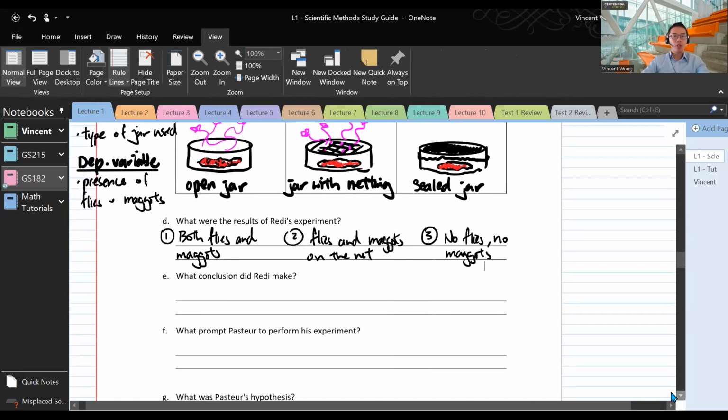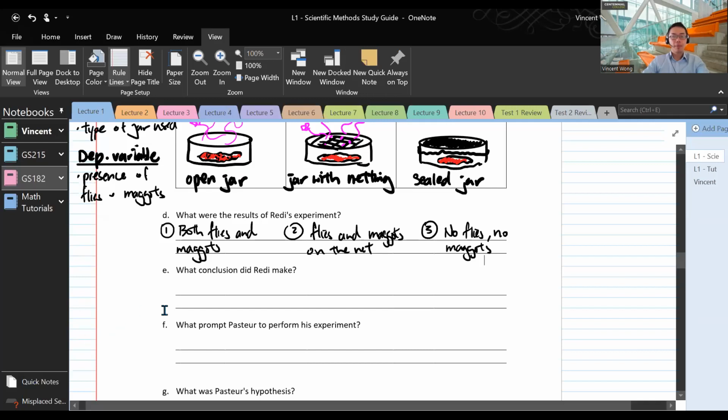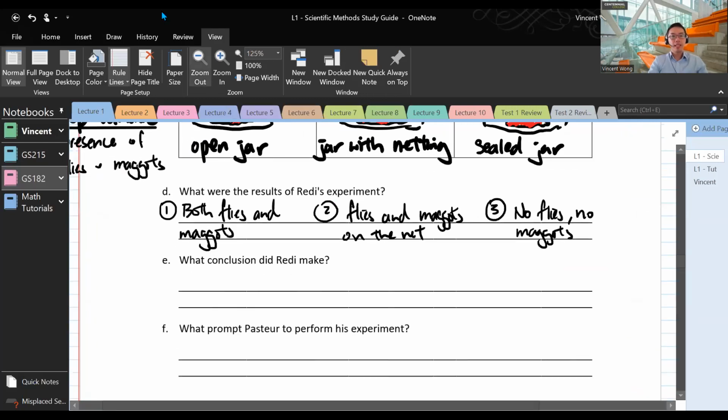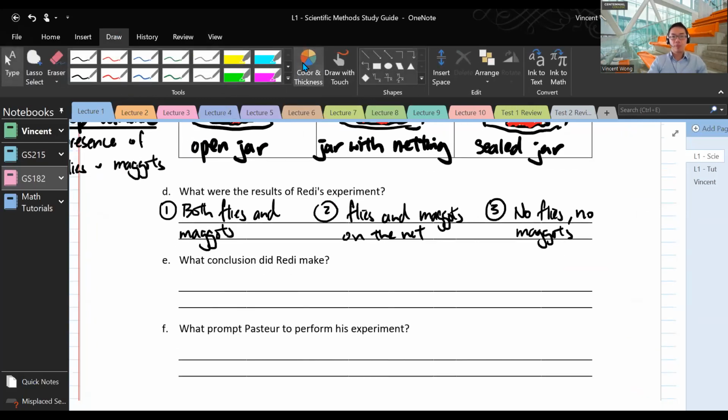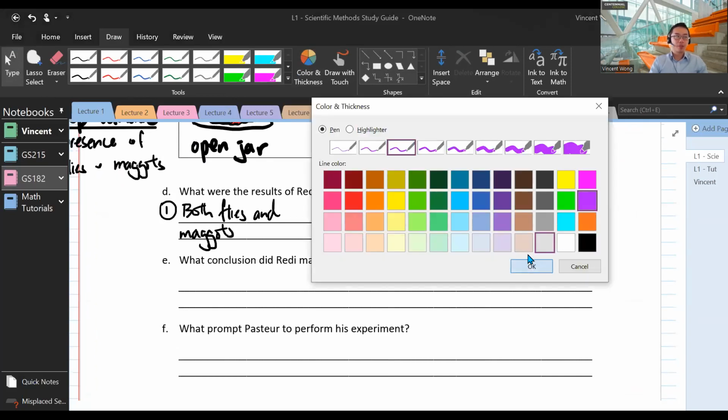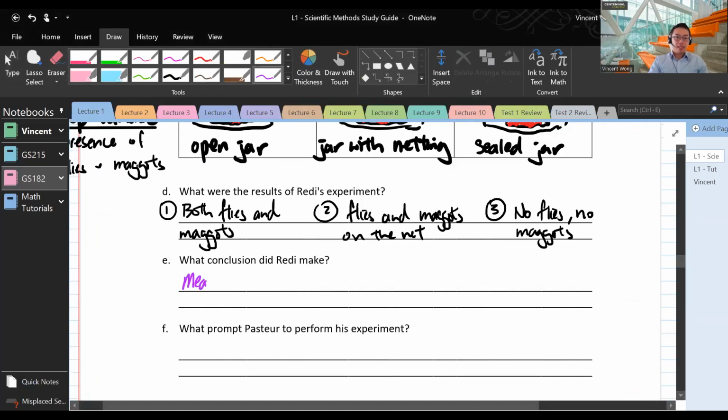So what conclusion was made by Redi? Let's go back to some more vibrant colors here. Meat does not produce flies and maggots.